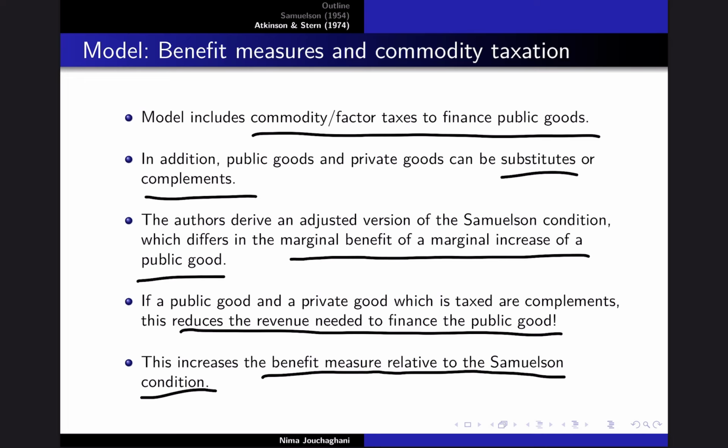So this increases the benefit measure. It's not only the sum of individual benefits, but there is an additional condition that we need less revenue to finance this product, and the savings that we make can be used to increase consumption of outputs or anything else, and hence, this increases the benefit measure.